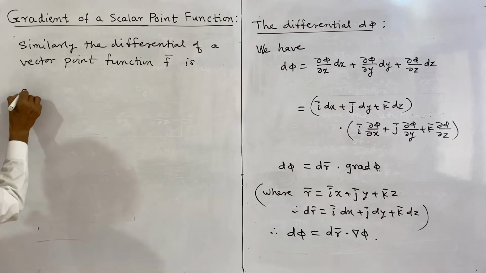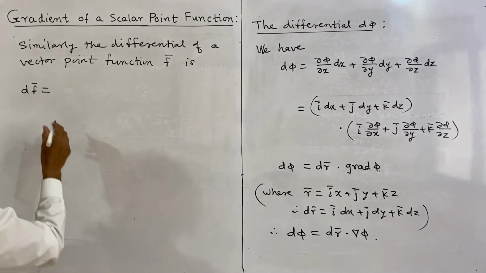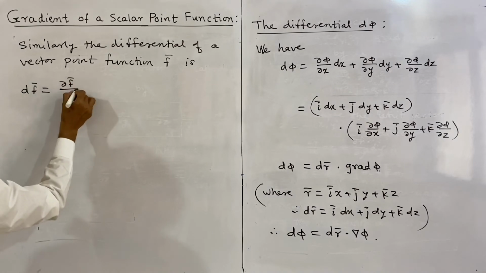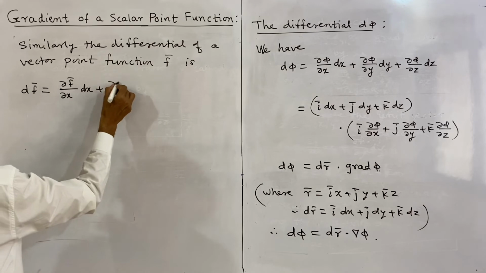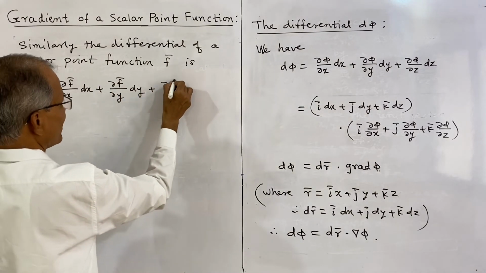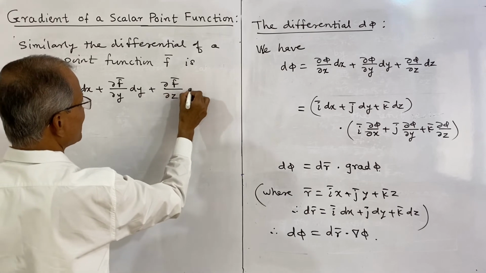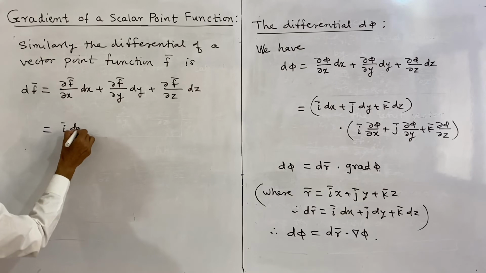The differential of a vector point function is df bar, and that can also be written as dou f bar by dou x into dx plus dou f bar by dou y into dy plus dou f bar by dou z into dz. And again we can write this as i dx plus j dy plus k dz.